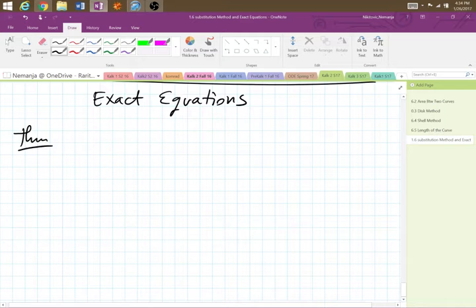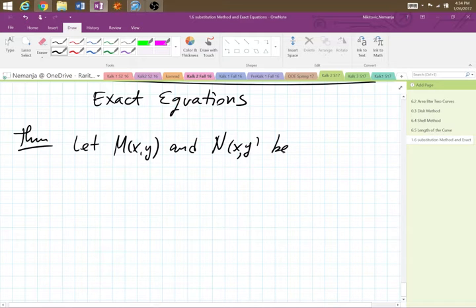So the theorem says: let functions M of x, y and N of x, y be continuous and differentiable, and you clearly see it because they're functions of two variables that we're talking about partial derivatives, and then over the region, not only on the domain.